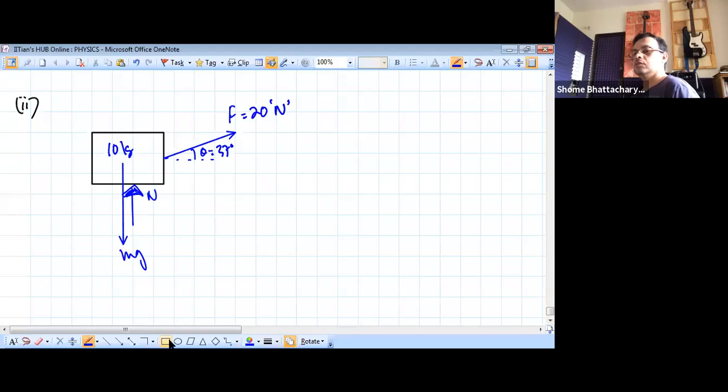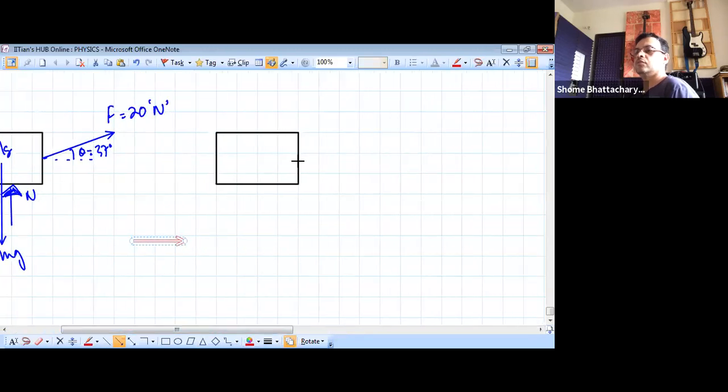So now break this into components. When you break this into components, you have the horizontal component of F, but this time the vertical component is like this.